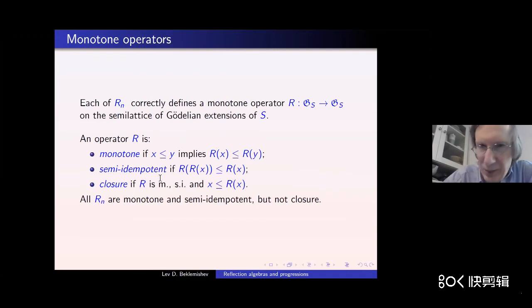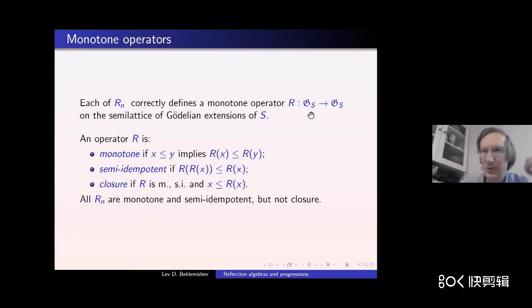The reflection principles and the consistency assertions that we dealt with so far can be seen as defining certain unary operations, mappings from that structure to itself. If we consider the semilattice of Gödelian extensions of S, each Rn reflection principle defines a map.